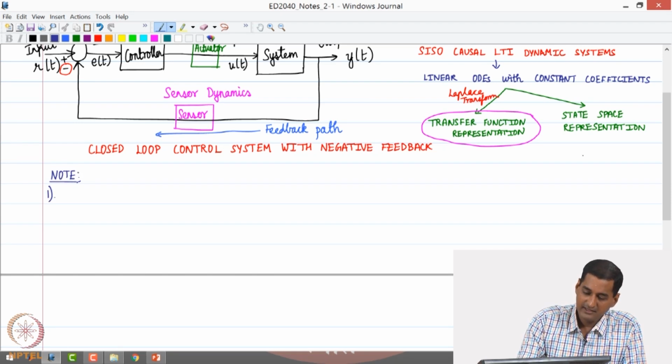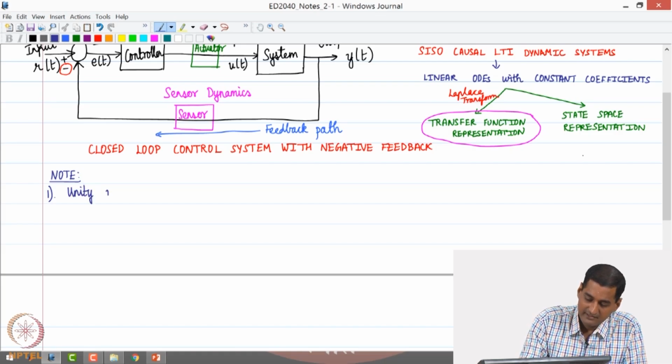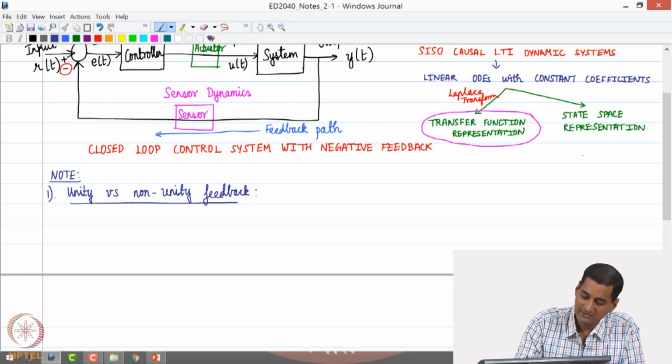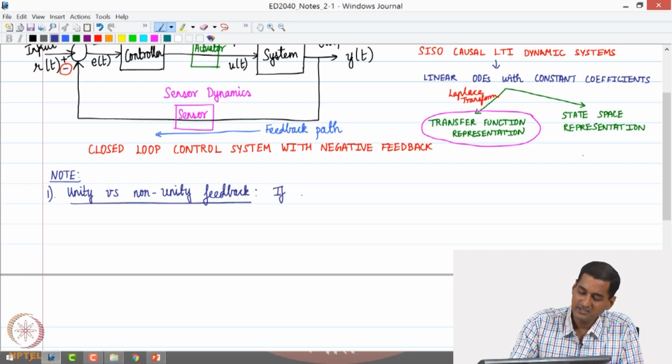So, depending on what is the mapping in the feedback path, we can have what is called as a unity and non-unity feedback, okay. So, what is unity feedback?